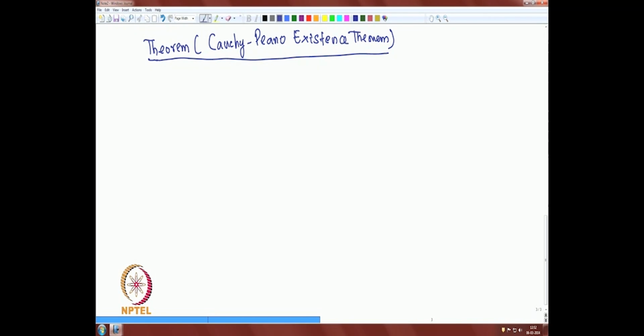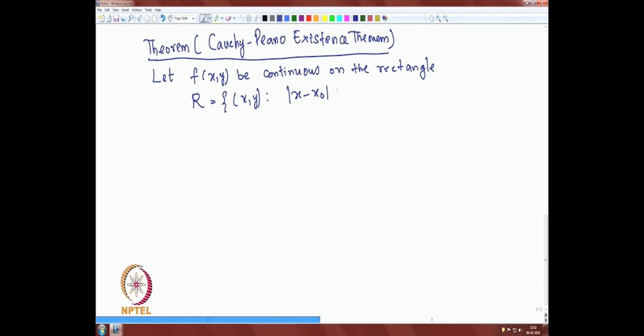The statement of the theorem is: let f(x, y) be continuous on the rectangle R, which is defined as the set of all (x, y) such that |x - x0| is less than or equal to a, |y - y0| is less than or equal to b.